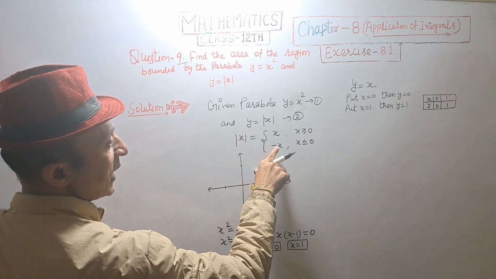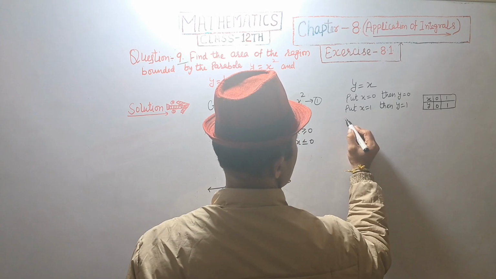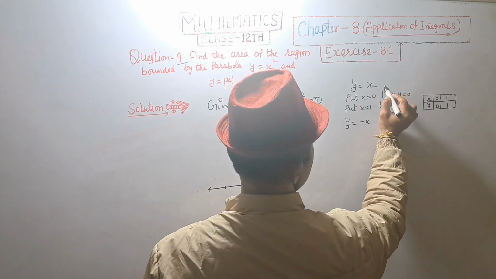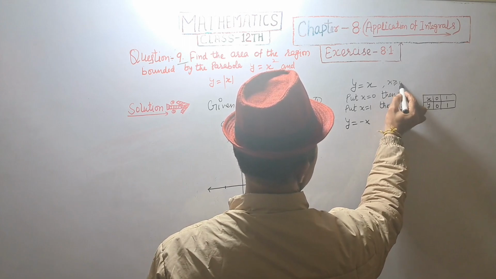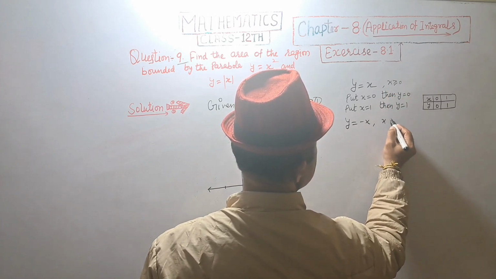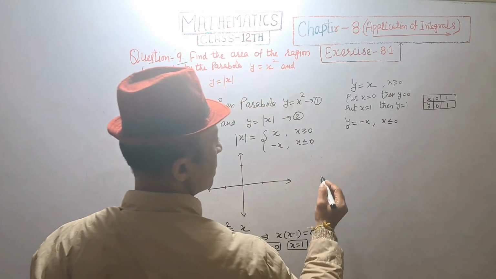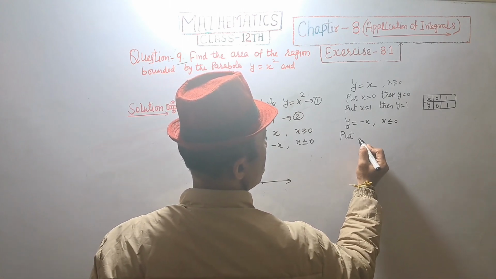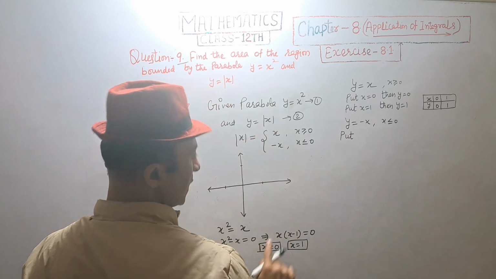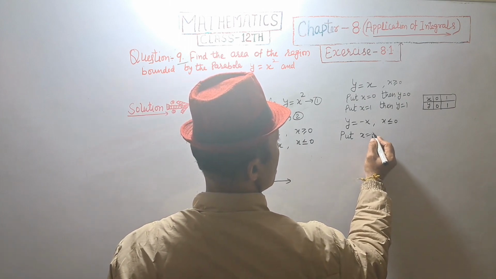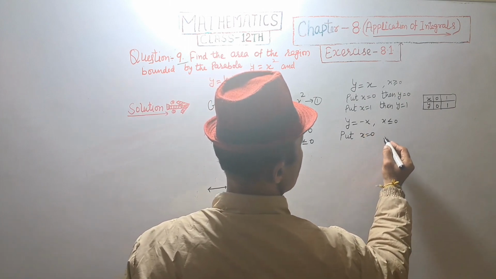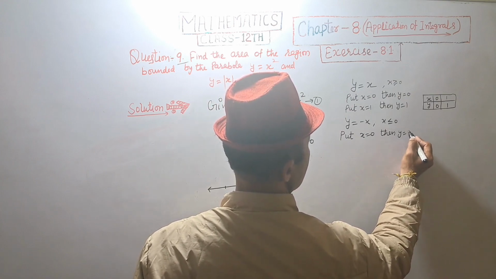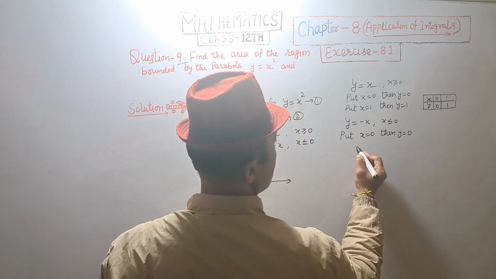When y is equal to negative x, where x is less than or equal to 0. Put x is equal to 0, then y is equal to 0.